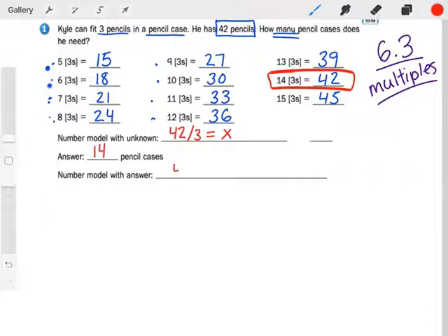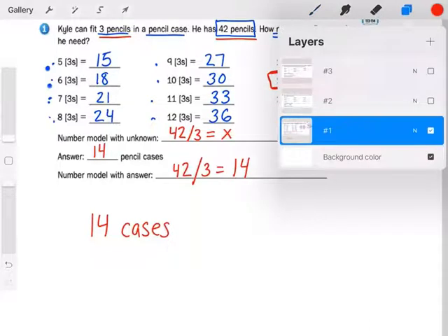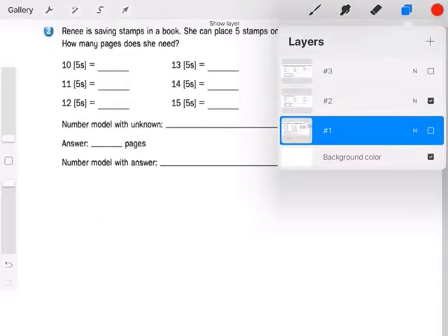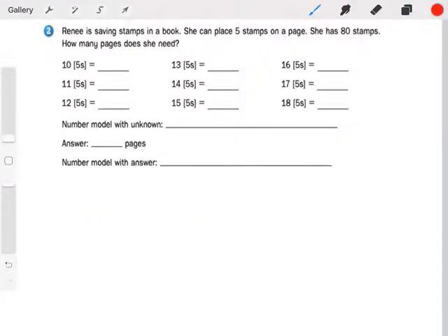So your number model would be 42 divided by 3 gives you 14. So if he had 42 pencils with 3 pencils in each pencil case, he would need 14 cases for all 42 pencils.